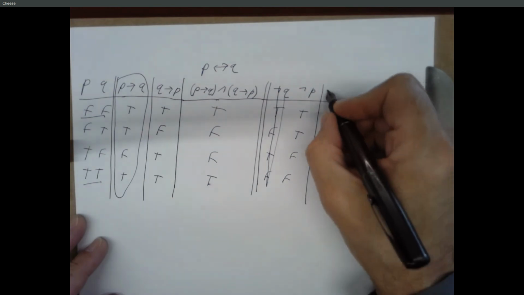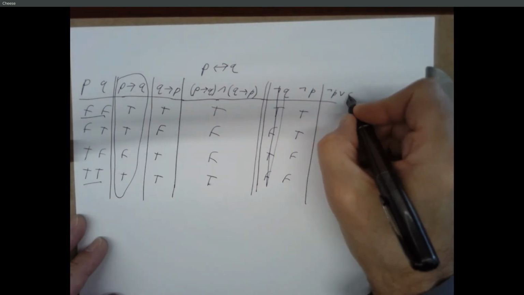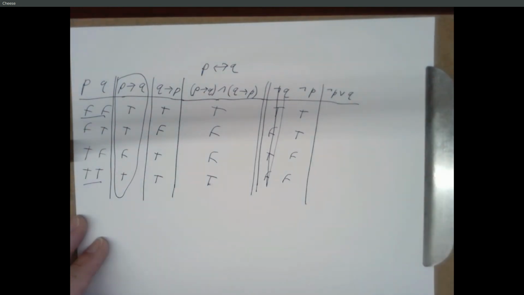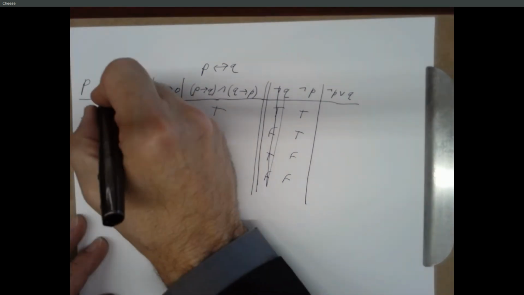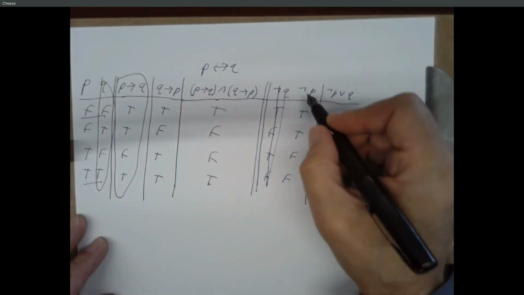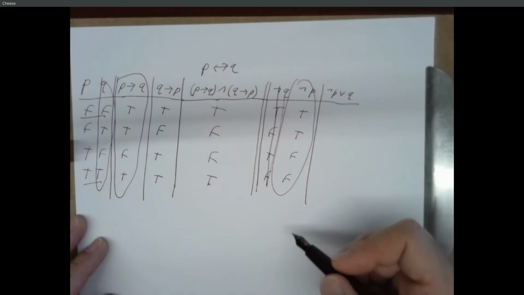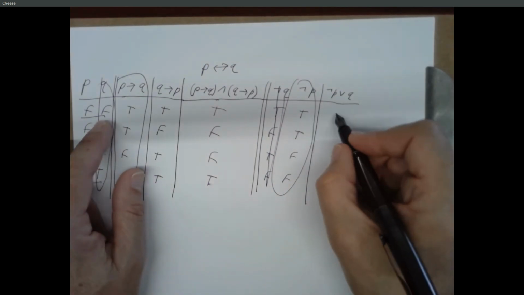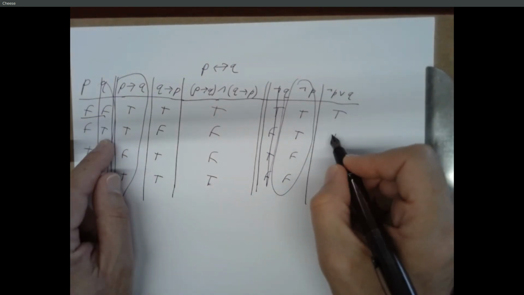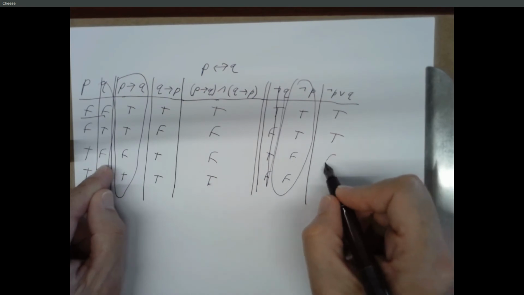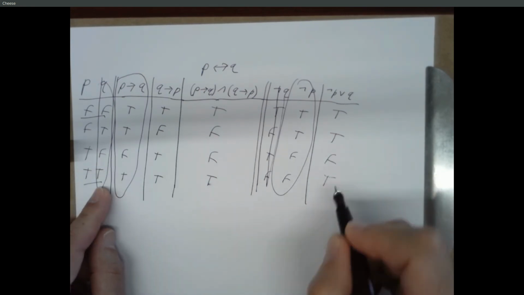So let's look at not P or Q. So we want to look at Q and we want to look at not P and see if either of those is true. Well, true and false is true. True and true is true. False and false is false. False and true is true.